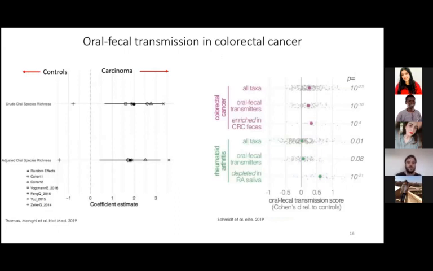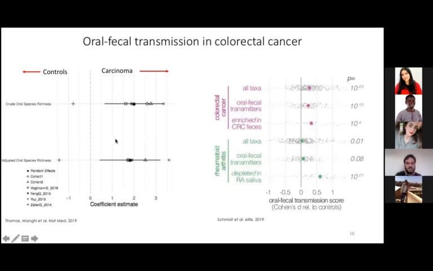They also looked at this oral-fecal transmission in different diseases, including colorectal cancer, which is something that we also looked at, at the same time in our data sets. So what I show you here is the number of oral species that we found in our data set of controls and carcinoma colorectal cancer patients. Here we have the different data sets, and here we have the coefficient estimates.